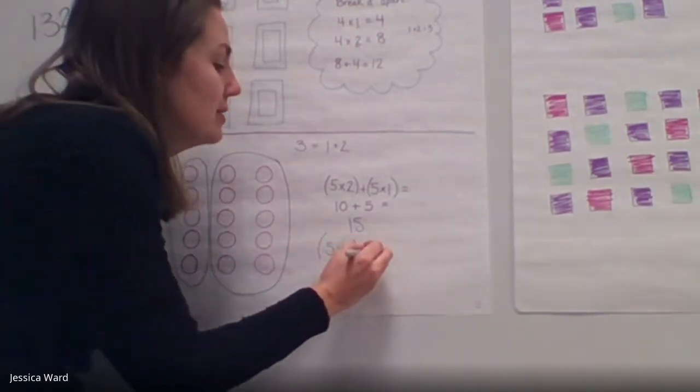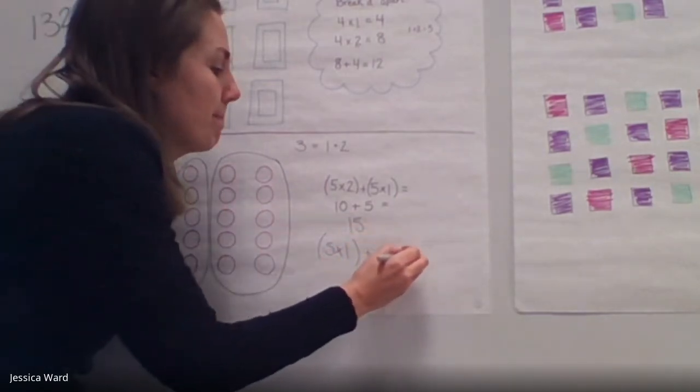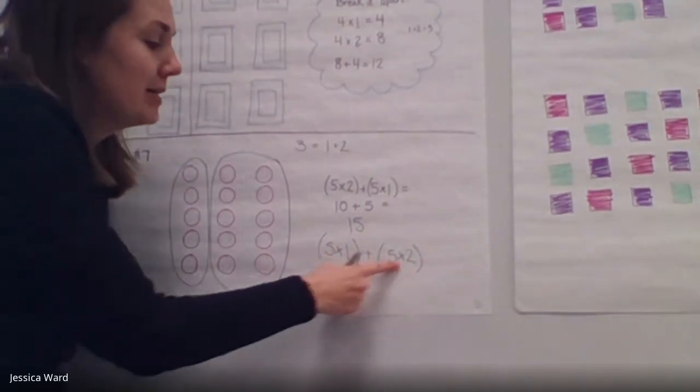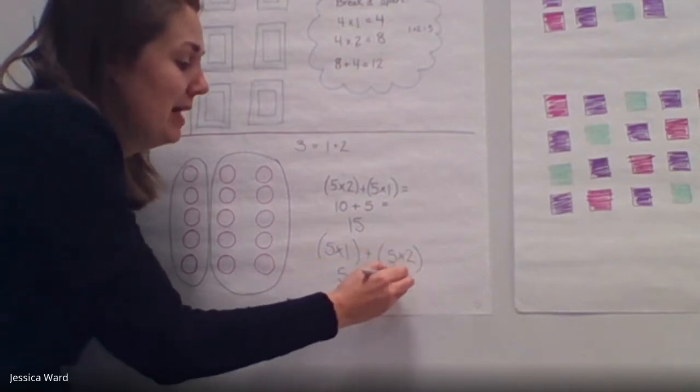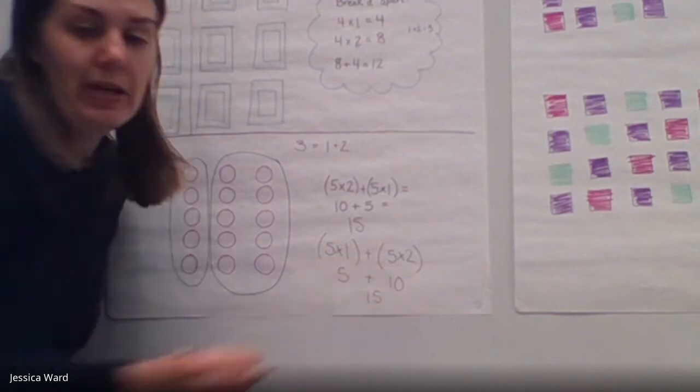I'm going to add it to my second part, 5 times 2. Then I'm going to find the product of each of these. 5 times 1 is 5, and 5 times 2 is 10. I'm going to add them together to get my total answer of 15.